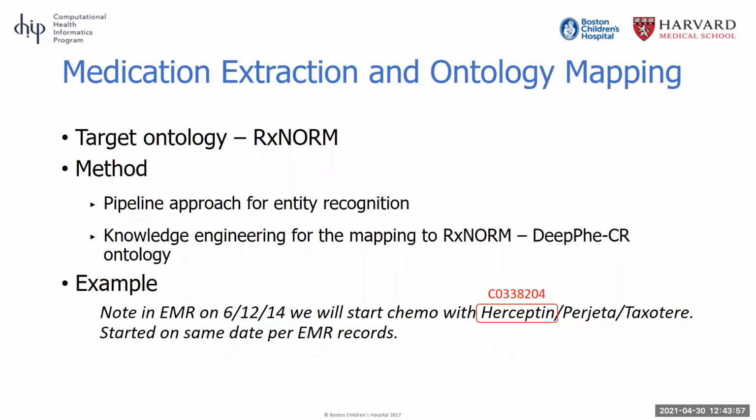Another task within regimen and treatment extraction is extraction of the medications and mapping the medications to an ontology. So this is an example sentence, including some medications. We also have to provide mapping to RxNorm.